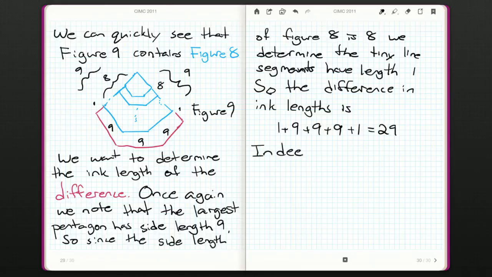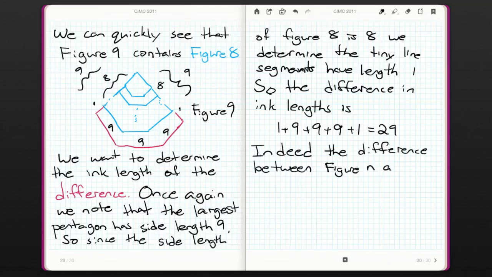And we can make a little comment in case we'll need this for the next part. 3n plus 2. 3 copies of the side length of the big pentagon, which is n, plus 2 for those tiny little extra bits.